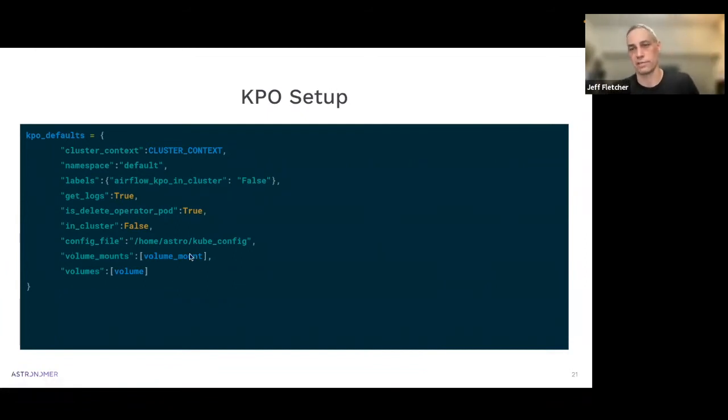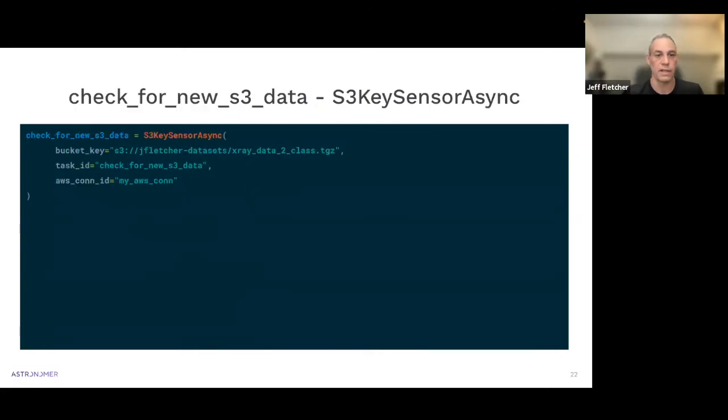I just pass this in as a set of standard defaults. And when we start to use Kubernetes pod operators, then they will all have the same set of configuration details. Now, the first task that we run is the S3 async sensor. So it's looking for this S3 bucket. I created an AWS connection.